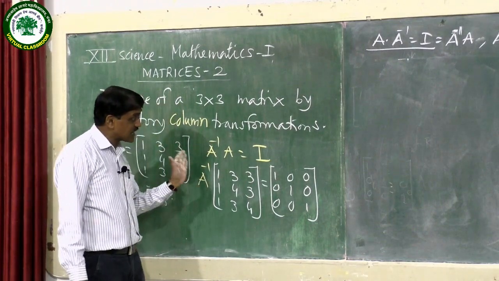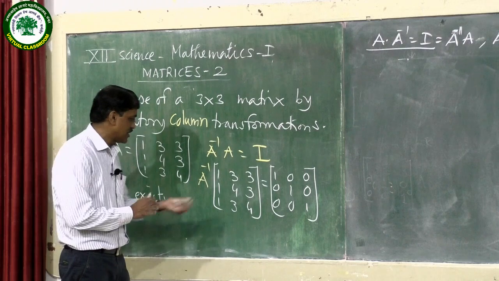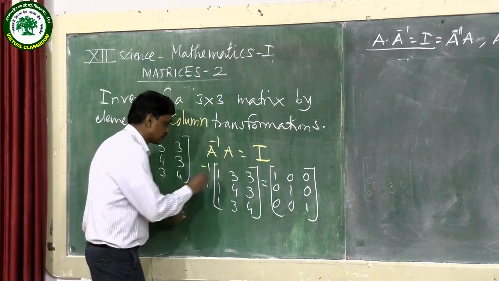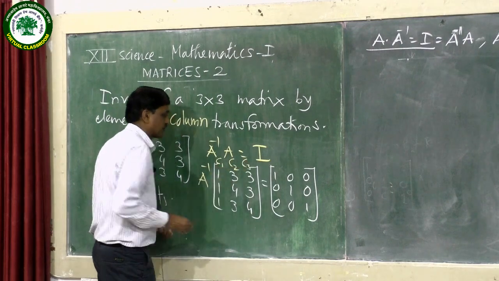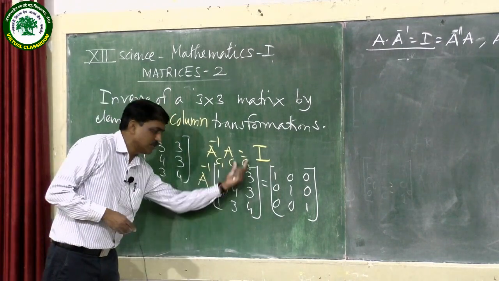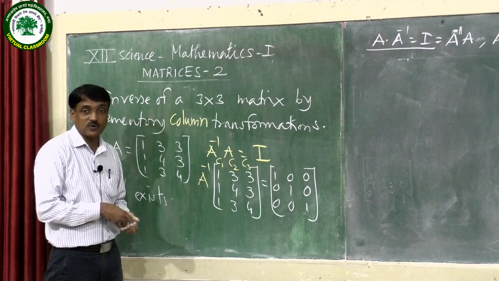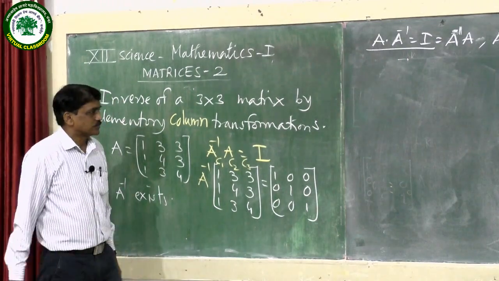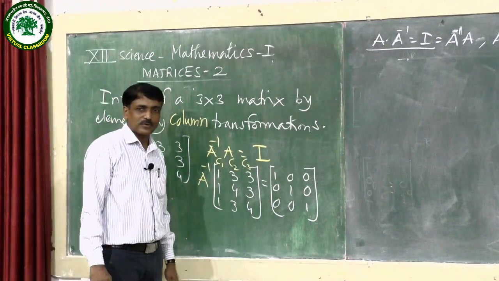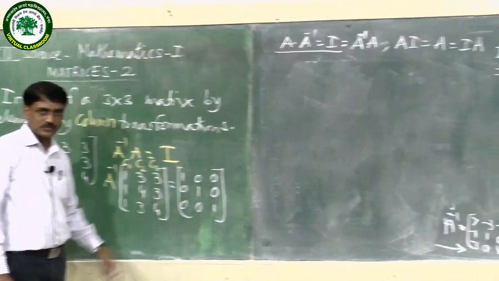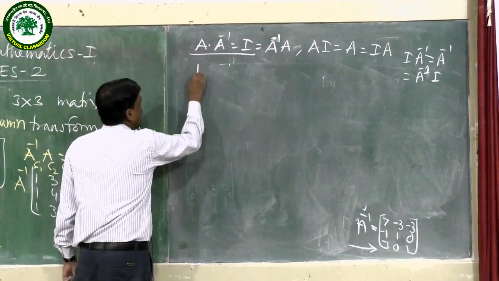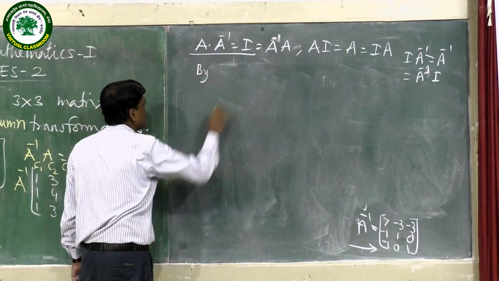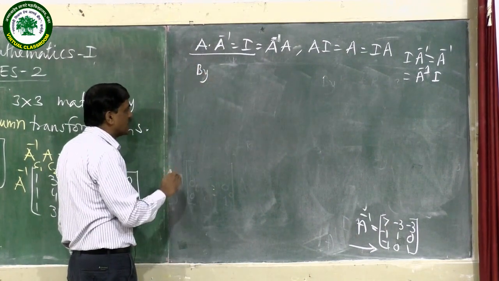Now what is the transformation? Column transformation. See, this is the first column C1, C2, C3. Second column, third column. Now, we have to convert the second column and the third column.